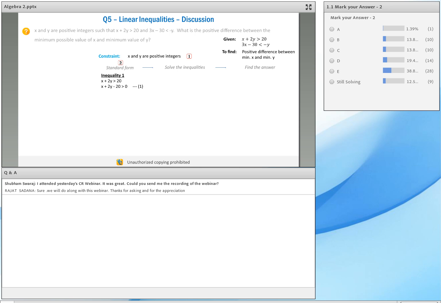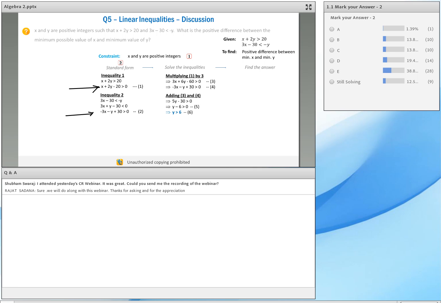So you take inequality 1 and put it in standard form. Then you take inequality 2 and put it in standard form as well. Then you multiply inequality 1 by 3, which gives plus 3x, and add it to inequality 2, which has minus 3x.